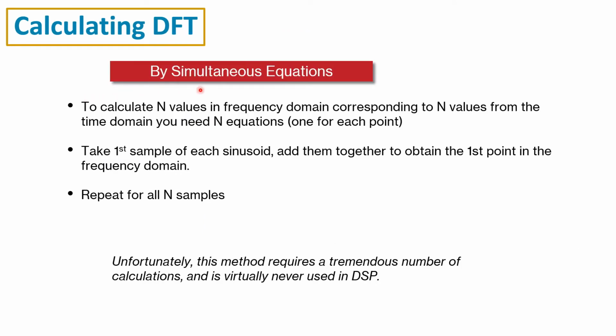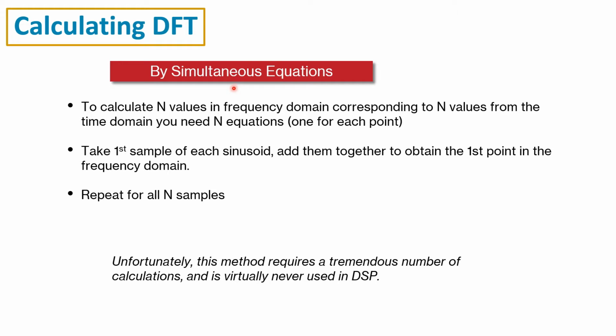Okay, by simultaneous equations we can calculate DFT, and the simultaneous equations, you are familiar with this term, that in algebra we use the simultaneous equations to find out values of unknown variables, right?